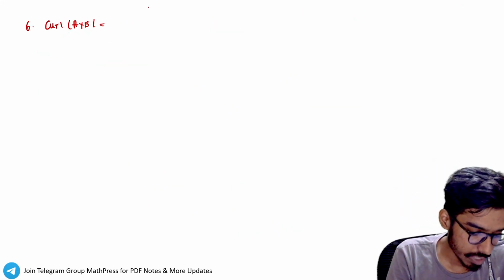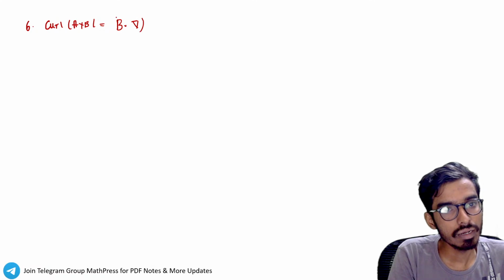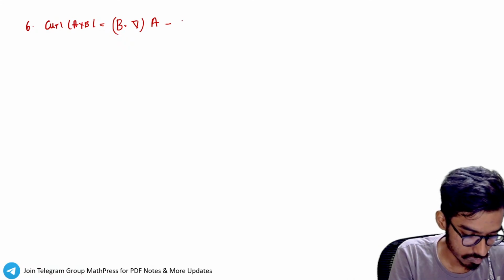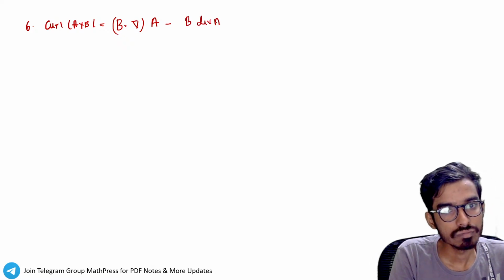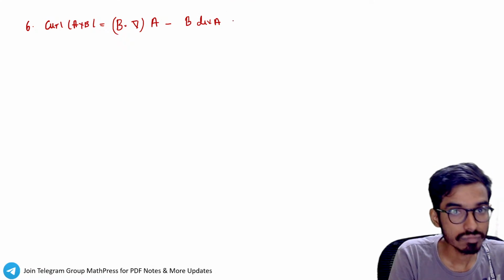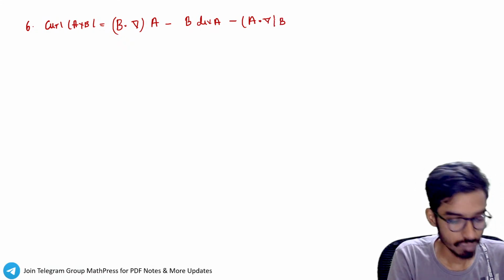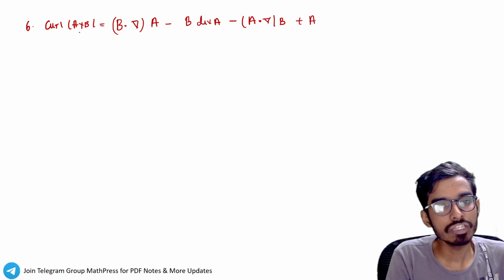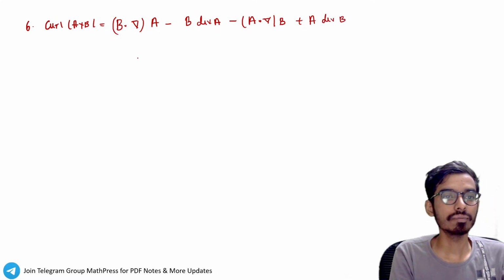So curl of A cross B is B dot del into A minus B into divergence of A minus A dot del into B. You don't know about this thing, right? So you just proceed, you'll get this plus A into divergence of B, right? This is what we need to prove.